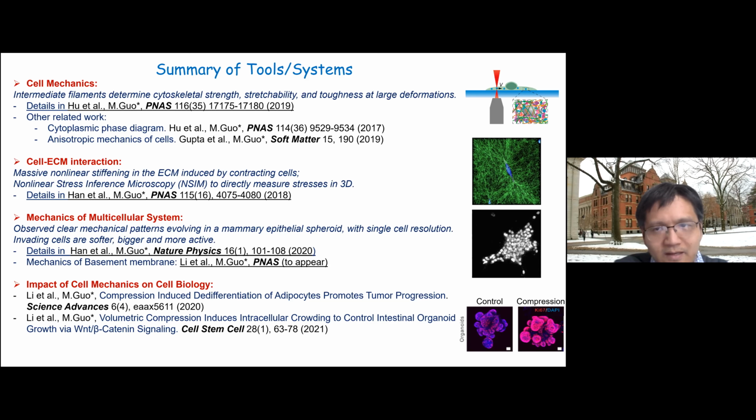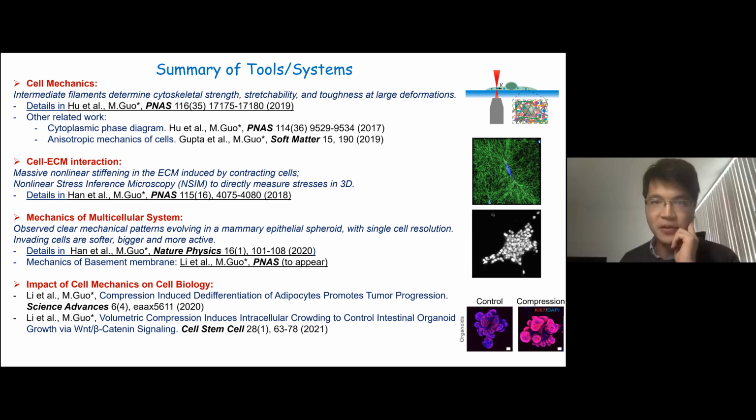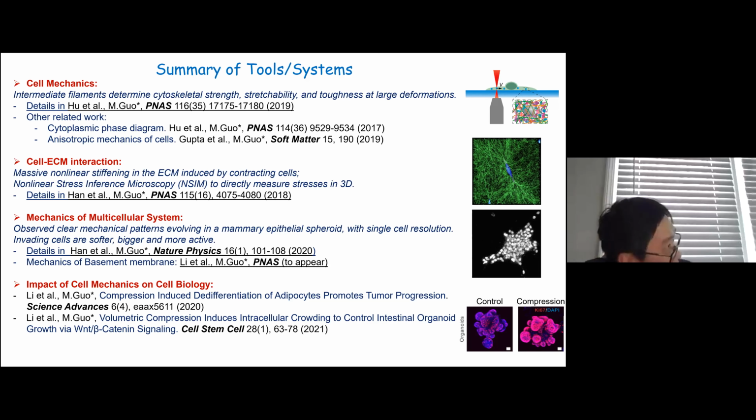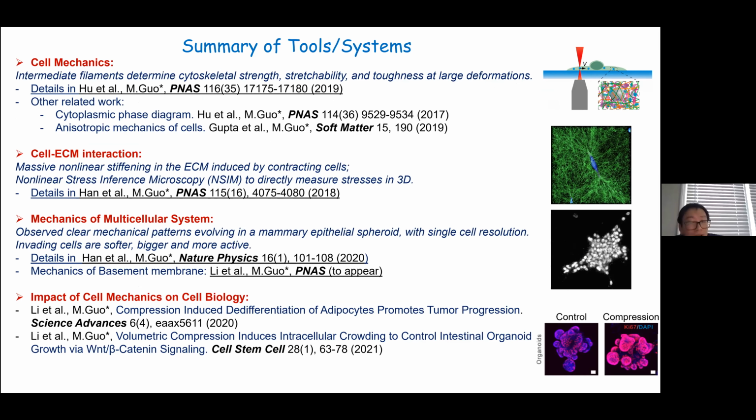Great. Hi, I have a very quick question. Sure. When you tested the intracellular mechanical responses, do you find those responses homogeneous or somewhat heterogeneous? It is actually heterogeneous, depending on where you probe. So what we do is we just measure a bunch and then take the average.